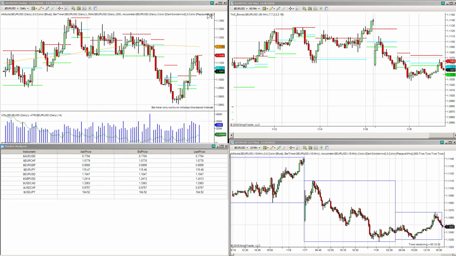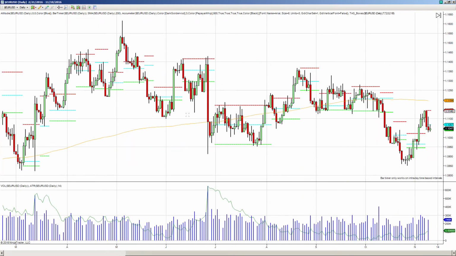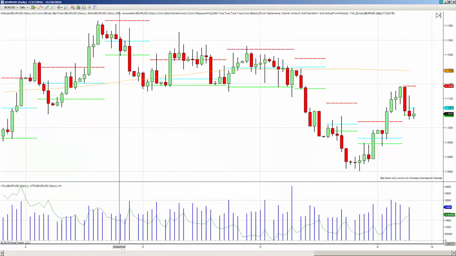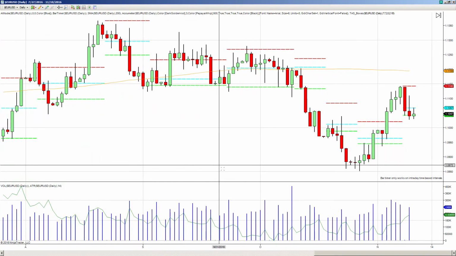Now, if we just mark off and look at this one chart, we're on the Euro US dollar right now, and we see there's highs and lows in the market. But the key thing to look at is exactly what these highs and lows represent. And what they represent is extremely significant. It's an agreement between buyers and sellers at that specific time on the maximum or minimum value of that Forex cross.